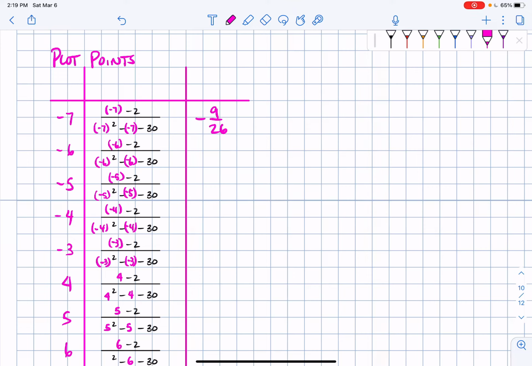Negative 6, negative 2/3. Excellent. So we know this is undefined.